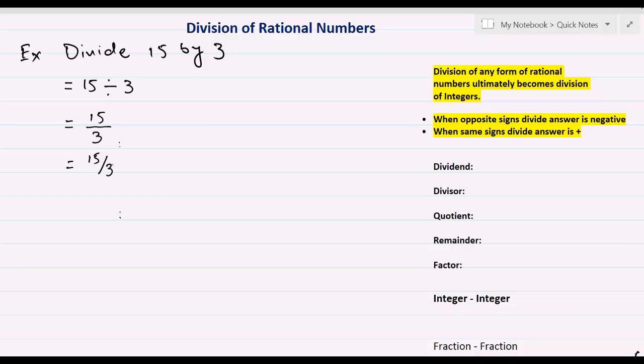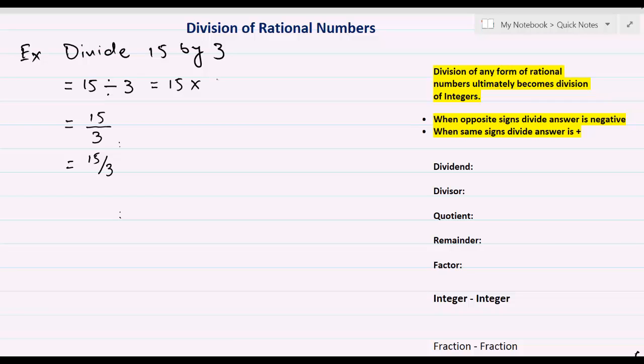3. In this case, 15 divided by 3, when we use the division sign, the division sign will change into a multiplication sign only if we reciprocate the number which comes after, like 3.